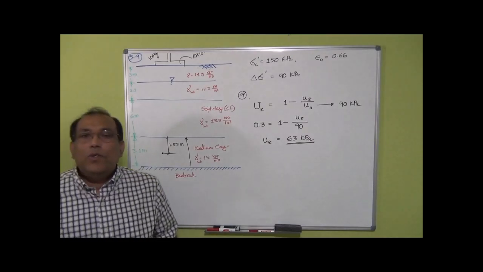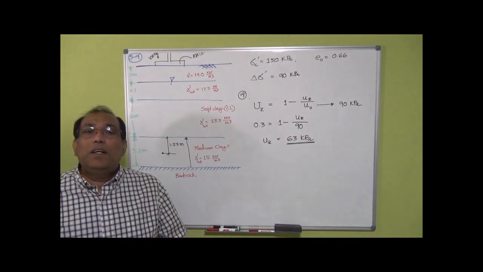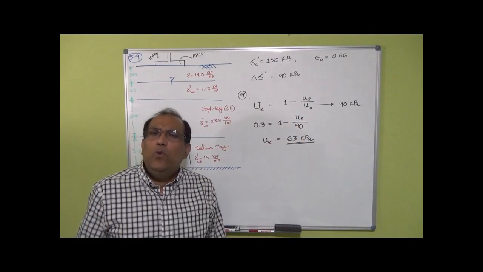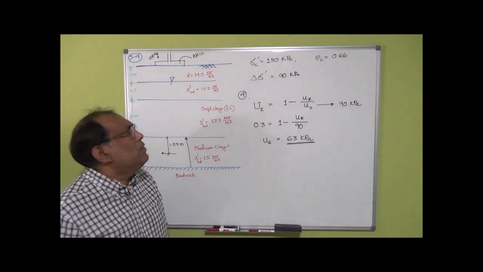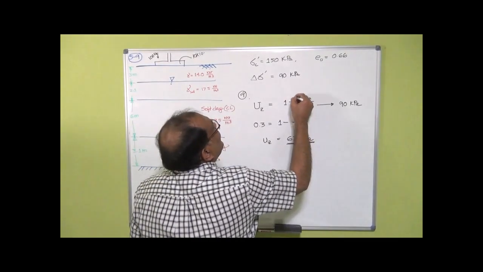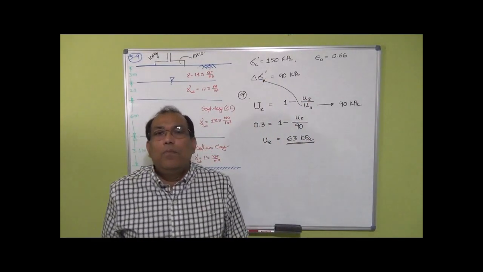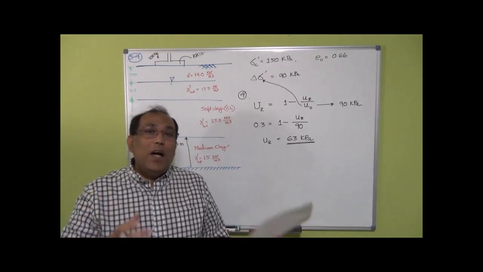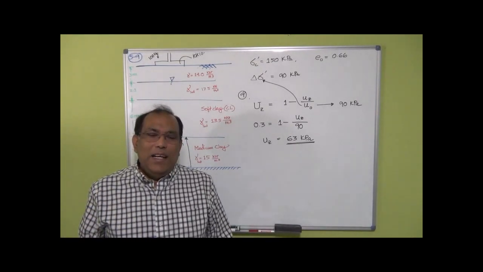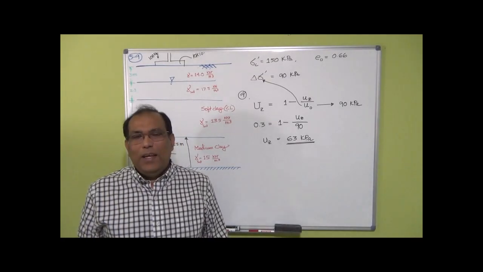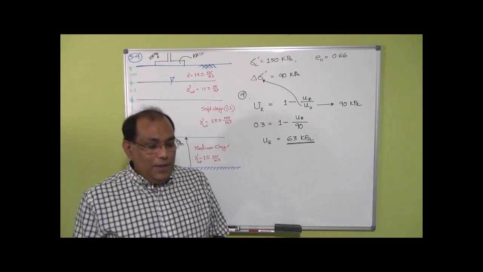Okay, so this is the most important part here, how to find out your U naught. Actually, U naught would always be equal to the del sigma prime, because as soon as you are constructing that one, by that time all the load will be taken by the water. Okay, now let's move forward.